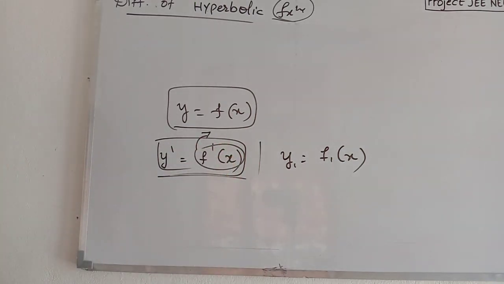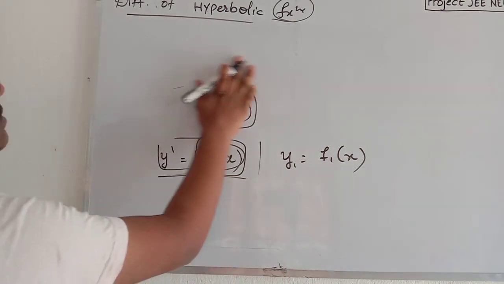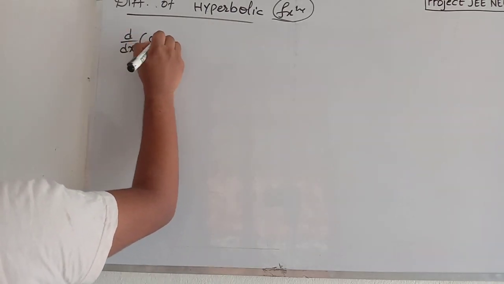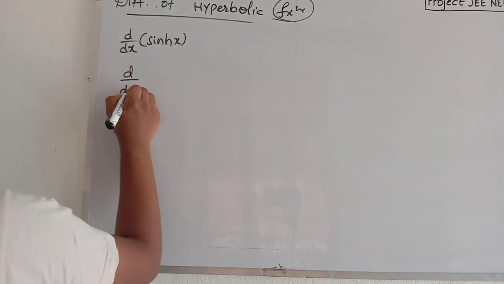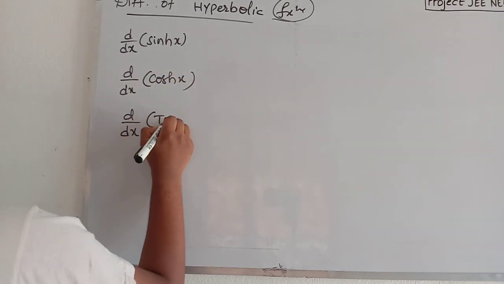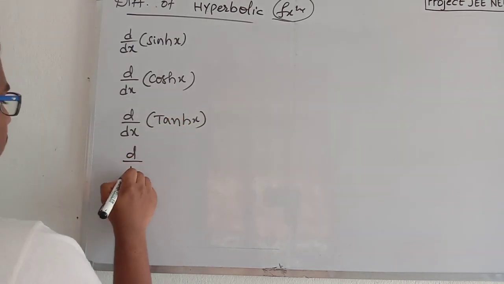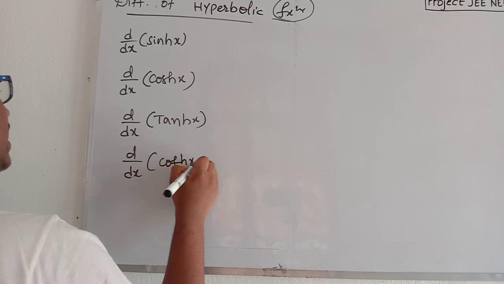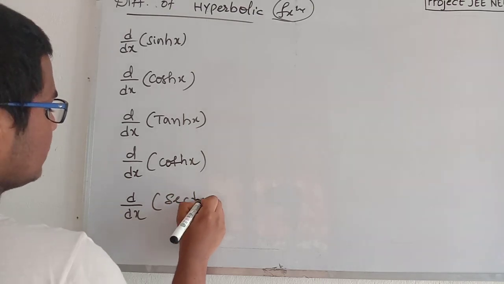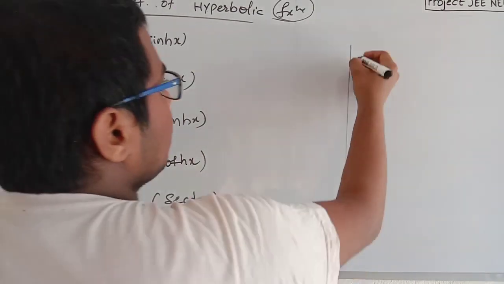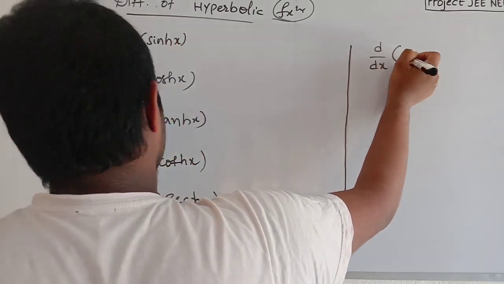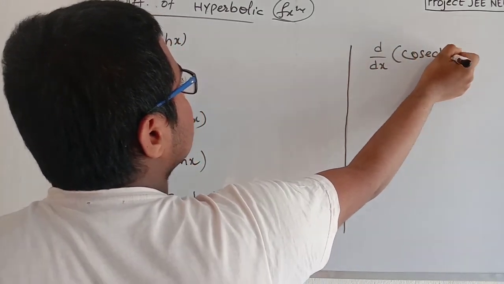So let's go to the differentiation of hyperbolic functions. There will be six formulas: d by dx of sin hx, d by dx of cos hx, d by dx of tan hx, d by dx of cot hx, d by dx of secant hx, and d by dx of cosecant hx.